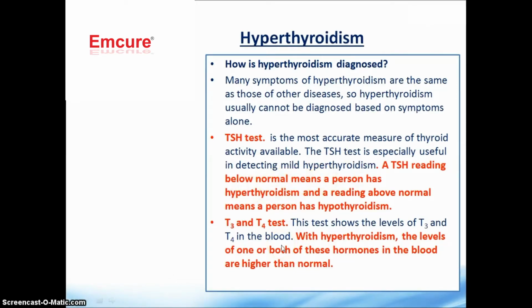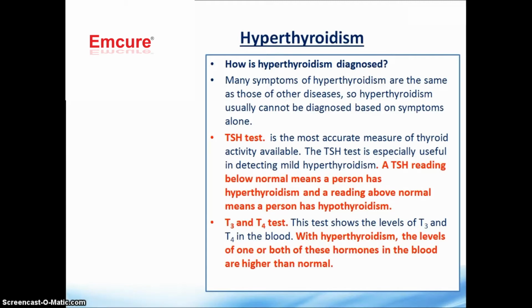So T3, T4 on the higher side, then TSH will be below normal or it can be normal. And in case of hypothyroidism, you want that the pituitary should work more, so the readings are above the normal and your T3, T4 levels in the blood will be lower than the normal. So it is just the opposite.